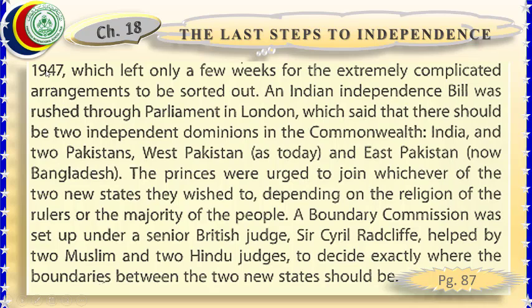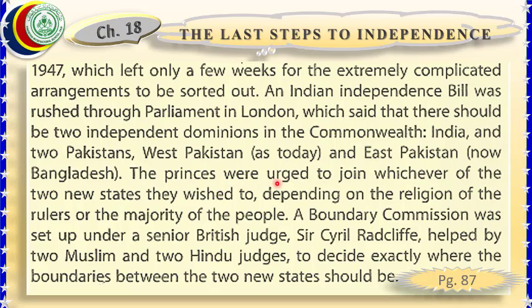Now the next passage: in 1947, which left only a few weeks for the extremely complicated arrangements to be sorted out. An Indian Independence Bill was rushed through Parliament in London which said that there should be two independent dominions in the Commonwealth, India and Pakistan, West Pakistan and East Pakistan, now Bangladesh.